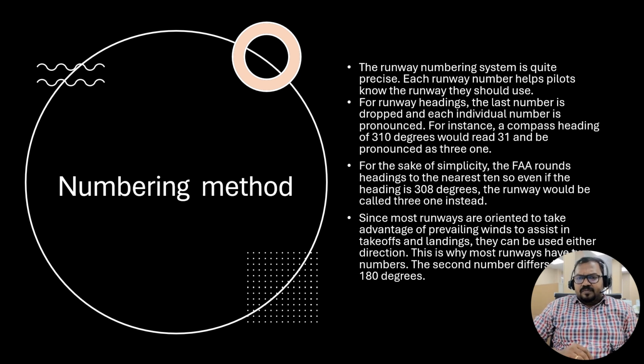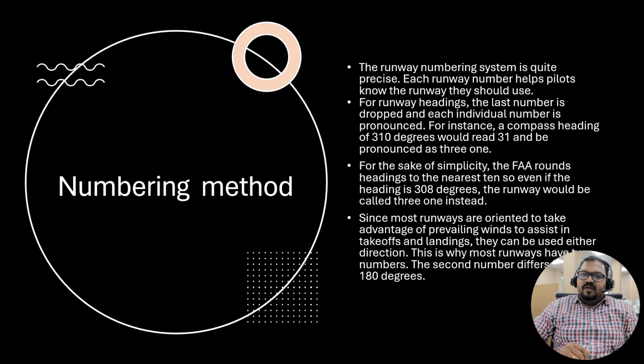The Federal Aviation Authority rounds the heading to the nearest 10. So even if the heading says 308 degrees, we will call it 31, not 30.8. So it will not work out; we take the rounded figure, which is 31.